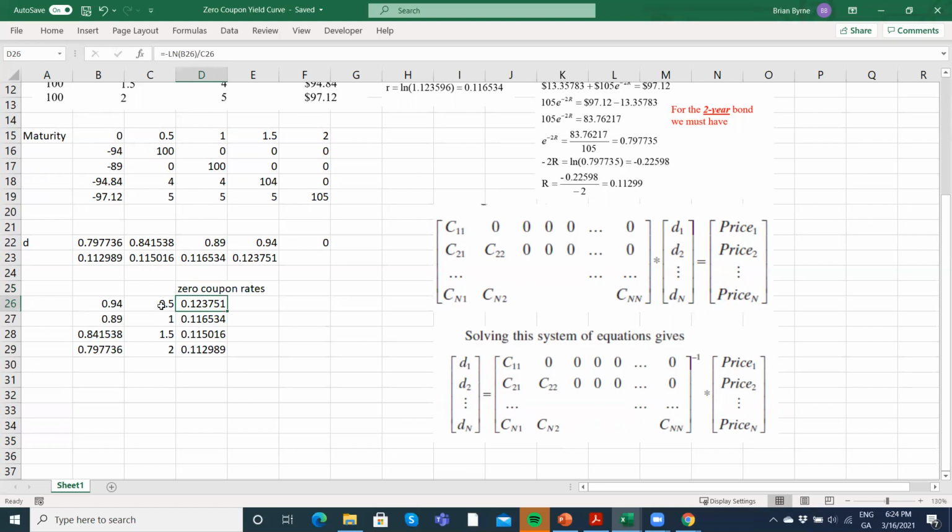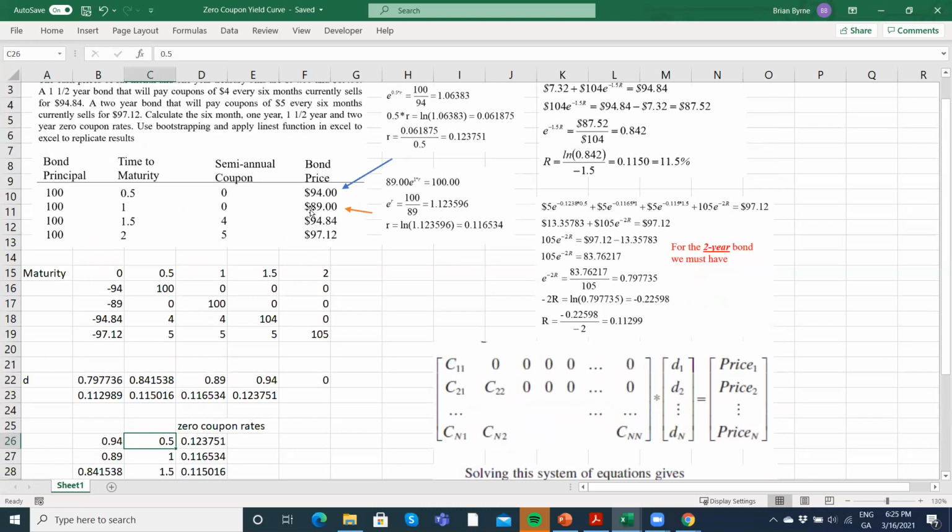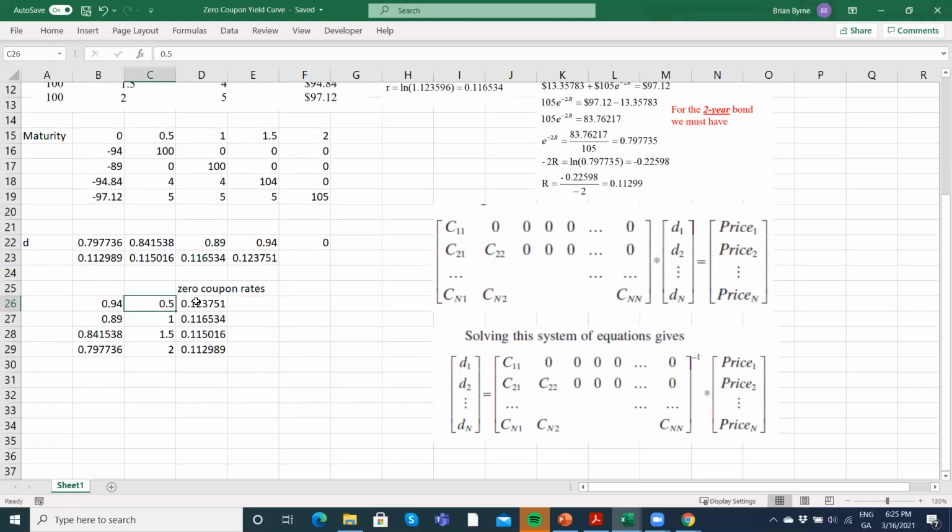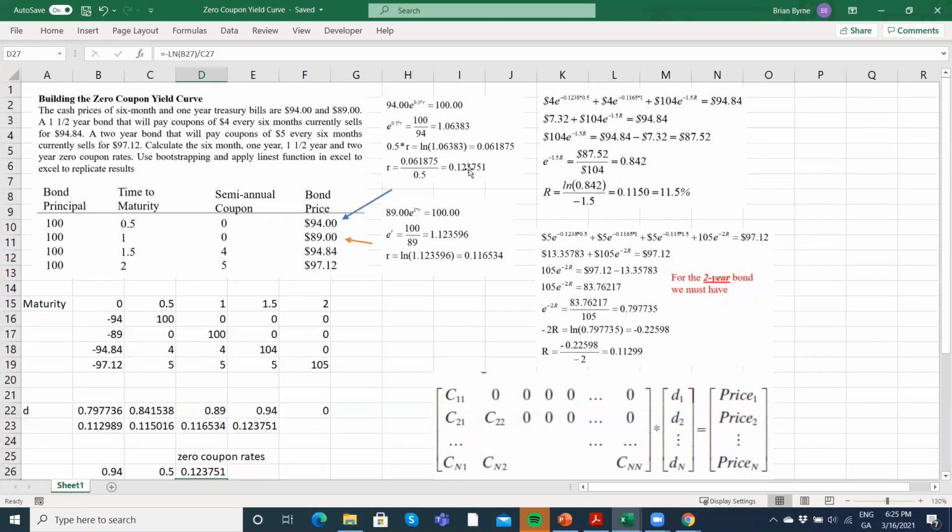All that's required is to line that up with the correct time period, maturity, consistent with what we have here, and then take the natural logarithm of the discount factor and divide by the respective time period, and we can pull out relatively seamlessly the correct zero coupon rate. Then we avoid having to manually do this recycling, the bootstrapping of the interest rates, because these rates get put in here, and then the rate that we work out here, the 11.5, has to be put in here.